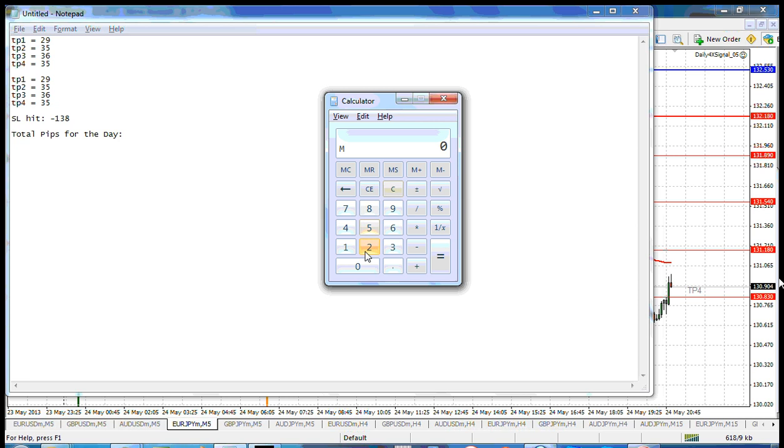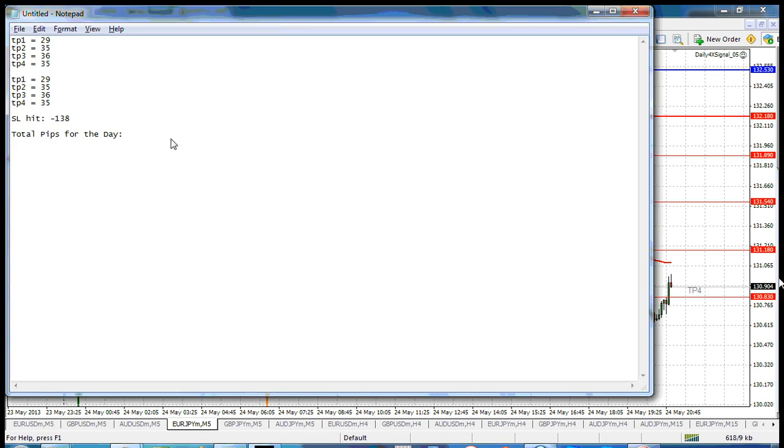So we have 29 plus 35 plus 36 plus 35 equals, this into 2, 270, minus 138 is 132. So total pips made for the day for Euro JPY on 24th last Friday was 132 pips.